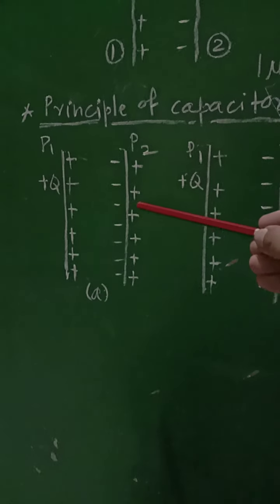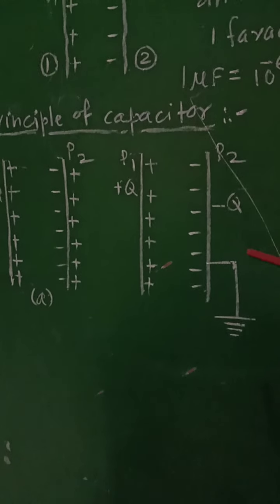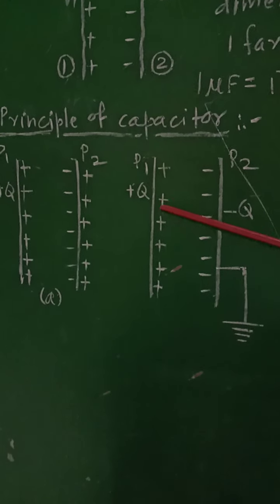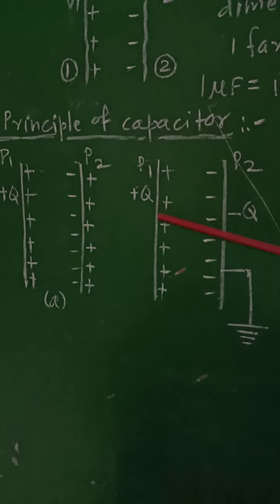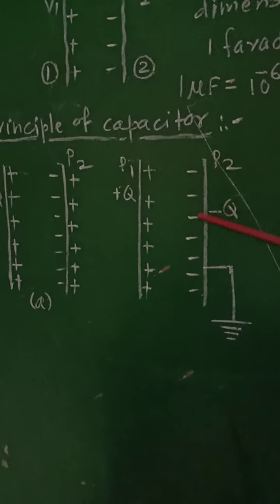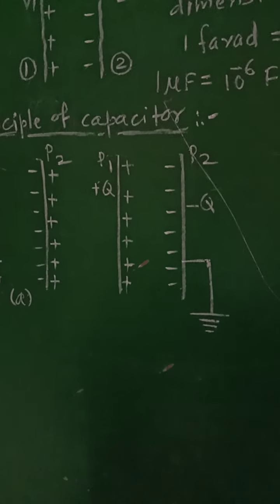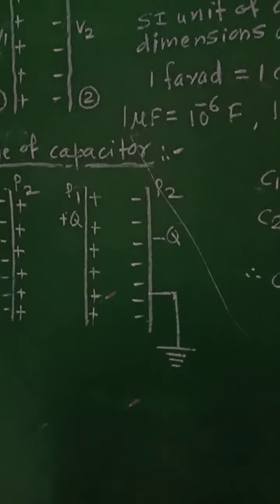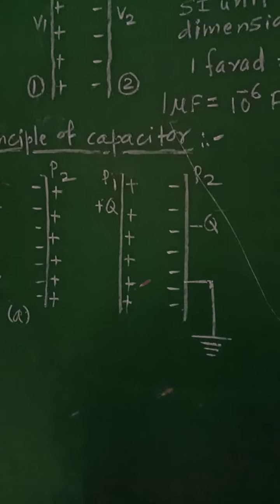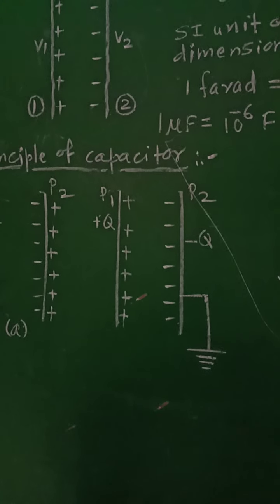In order to remove this positive charge on the second plate P2, it is provided with earthing. So in the second diagram, the first plate P1 has only plus Q charge and the second plate P2 has only minus Q charge. The positive charge on the outer surface of P2 is removed to the earth. Now let us see the principle of working of the capacitor.